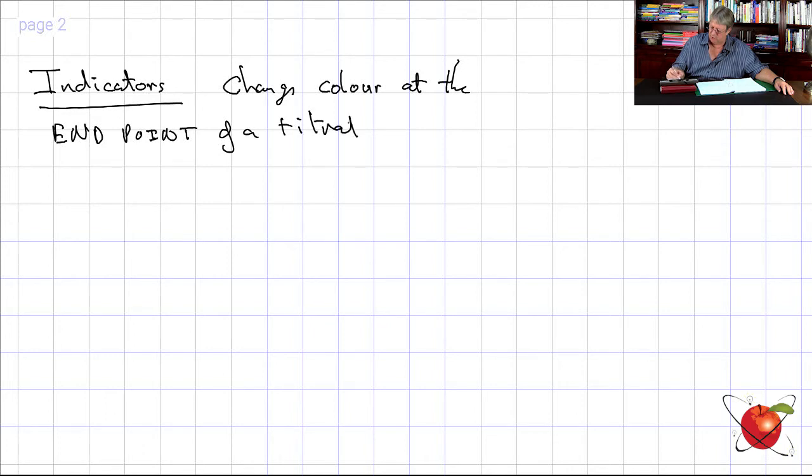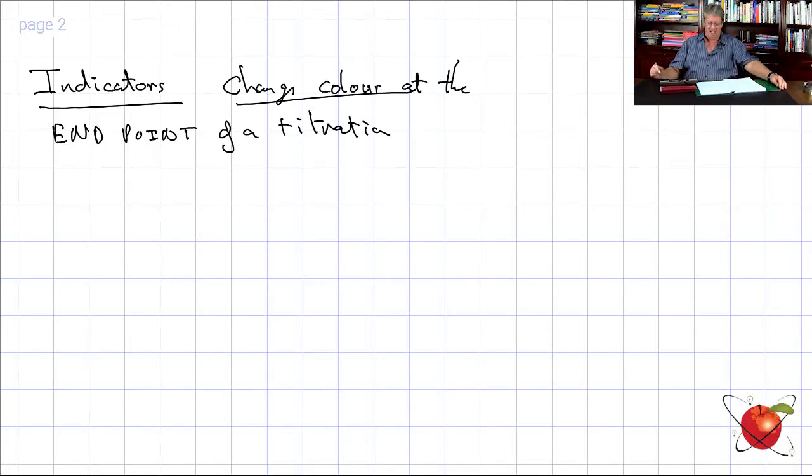Wow, more terms that we've got to know. An indicator, you've seen them before. We've discussed them in acids and bases in previous years. There are indicators that in an acidic environment are one color, and in a basic environment they change color. Colorless to pink, blue, orange, yellow, pink, purples, and the universal indicator goes in a whole sliding scale.